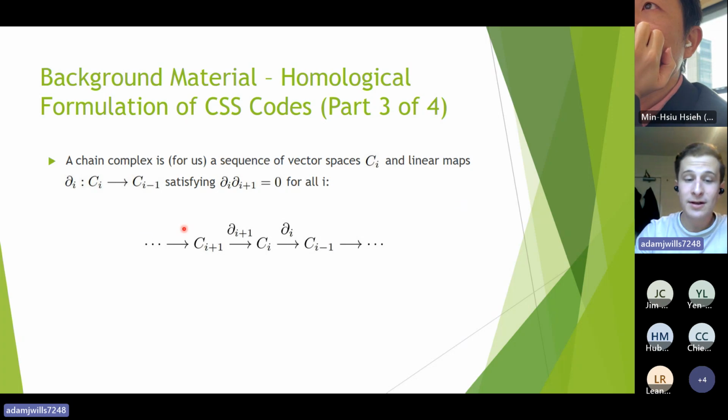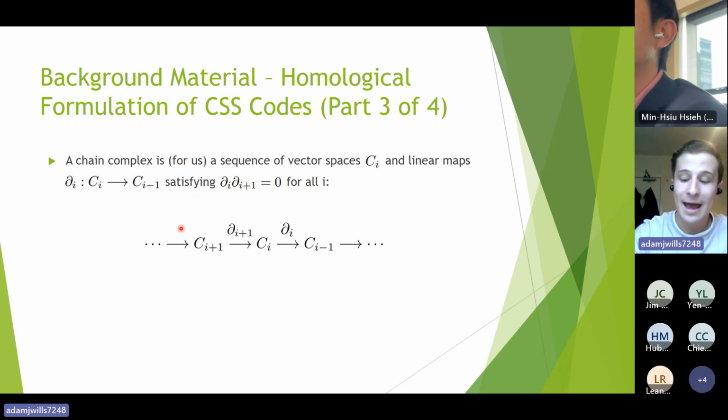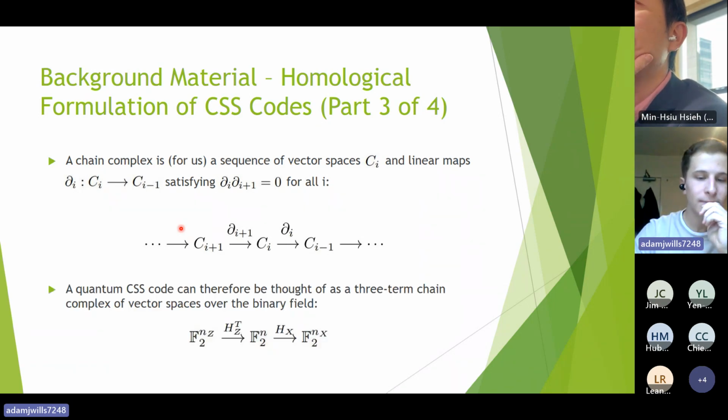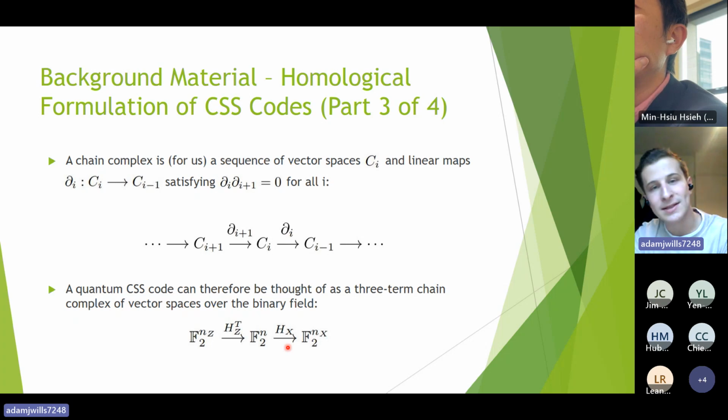This chain can be infinite. It can be infinite in both directions. It can be infinite in one direction, or it can be completely finite. And what we're saying now is that a quantum CSS code on qubits can be thought of as a 3-term chain complex of vector spaces over the binary field, where we get this condition of squaring to 0, HX HZ transpose equals 0, being exactly the compatibility condition for the stabilizers.